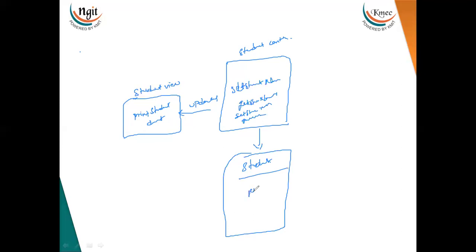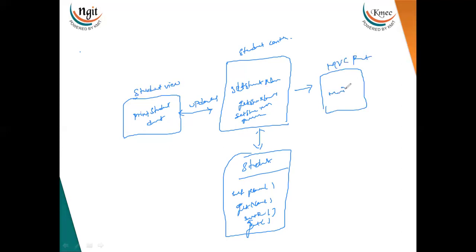It contains the name which is already given, right? Set name and then get name, set roll number and then get roll number, right? So I'm going to get it from here and update it to the student view, right? This is all I'm going to do by using the MVC pattern, right?